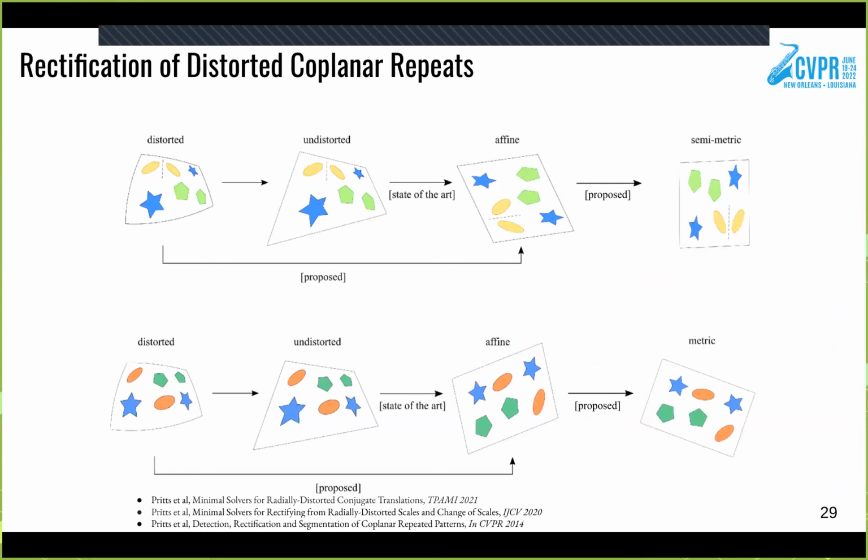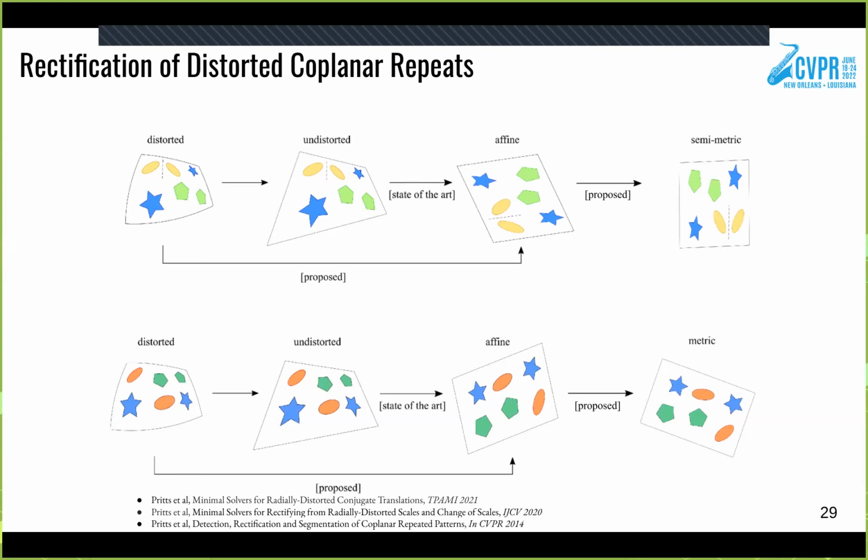A lot of the work presented in this tutorial was novel, and I wanted to motivate how we can get there. On the top row, if we have, for example, translations in the scene or reflections, then we can get all the way to a semi-metric rectification.